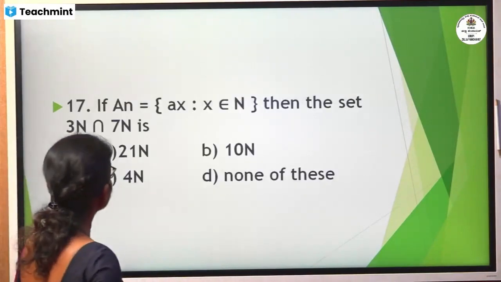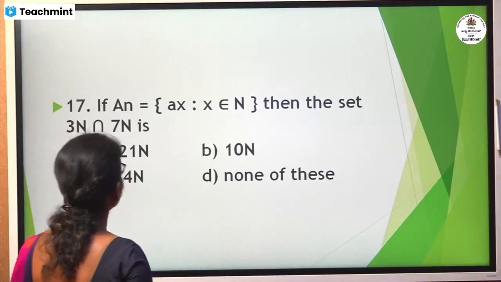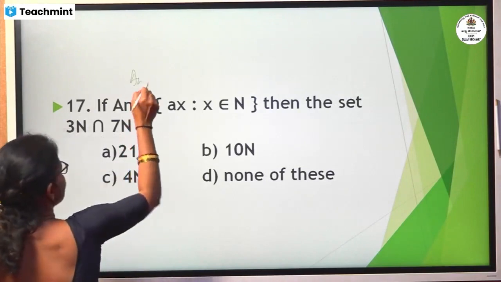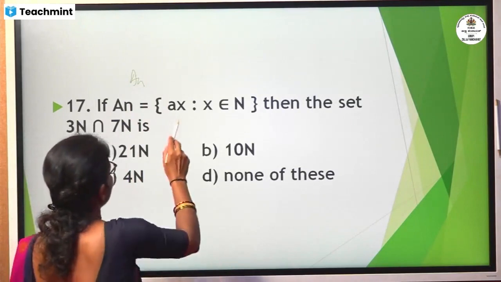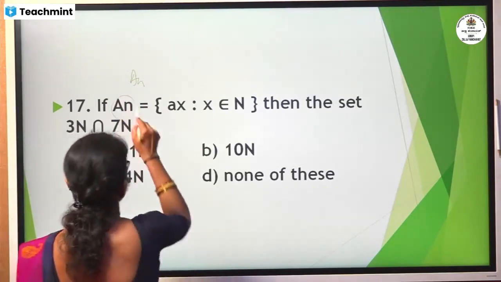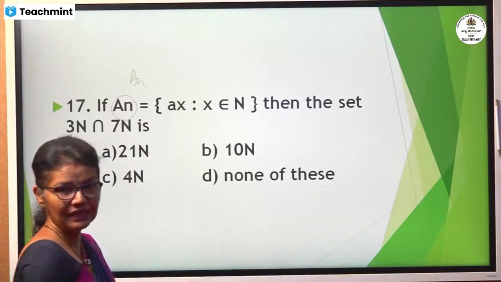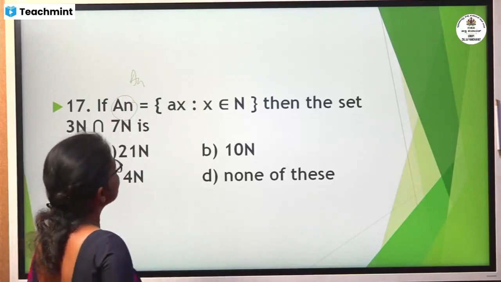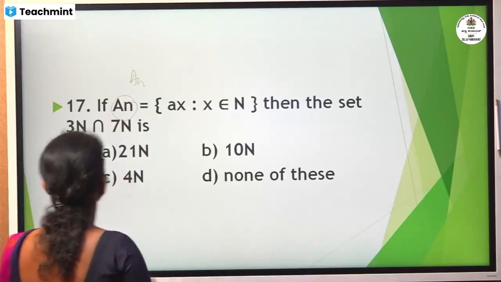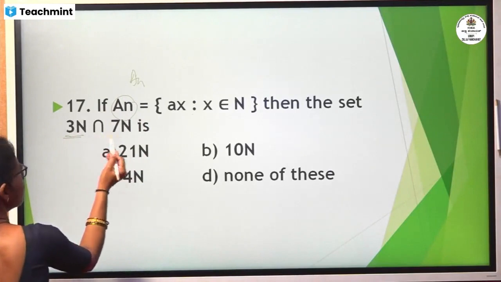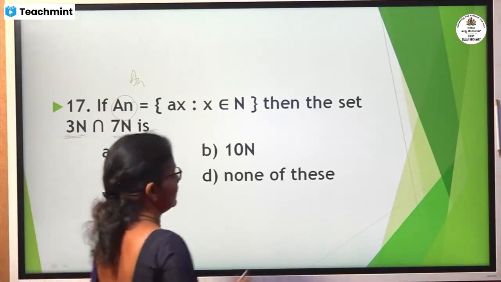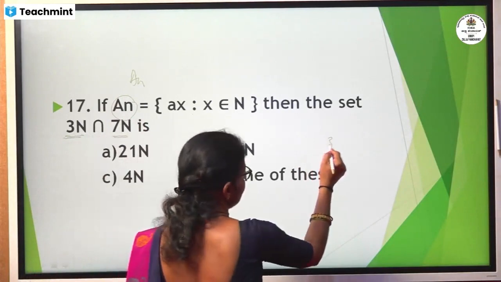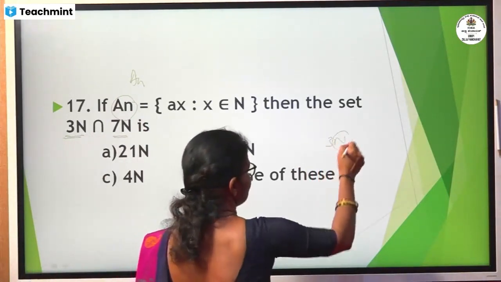Next question. If A_n is equal to the set containing a x such that x belongs to N, then the set A_3 intersection A_7. First we'll consider A_3, where N is the natural number.